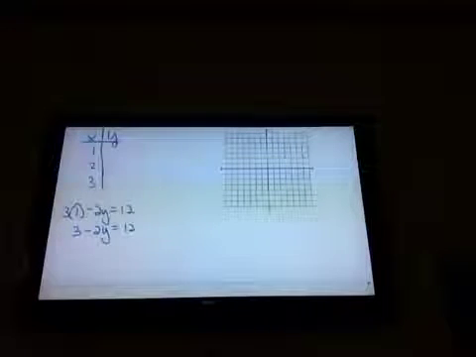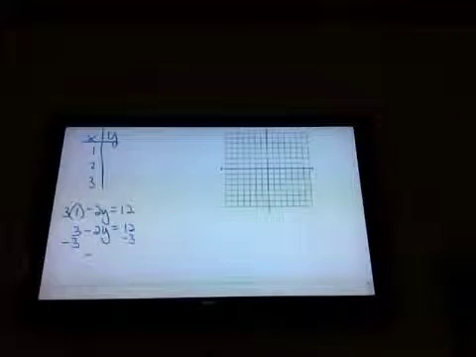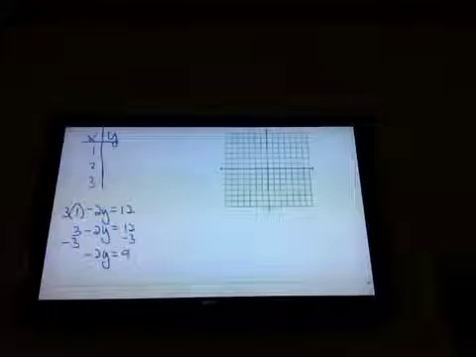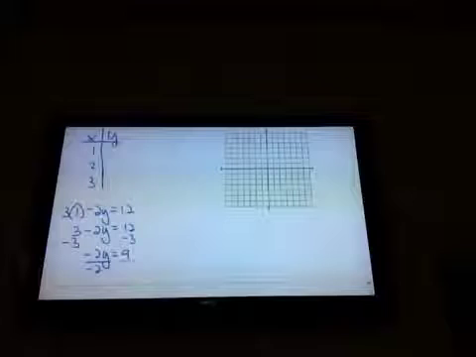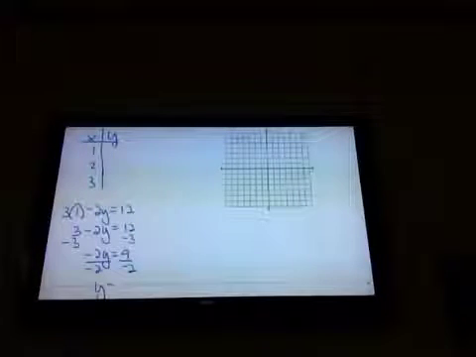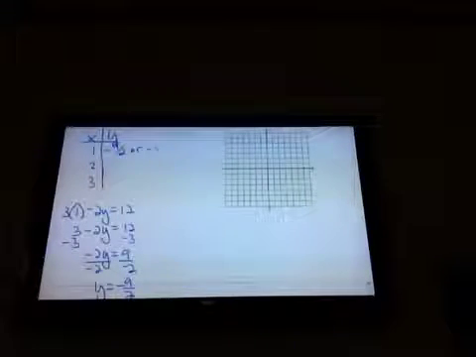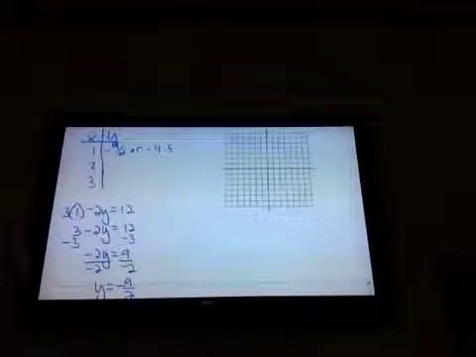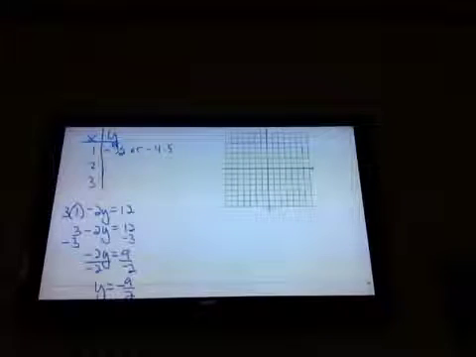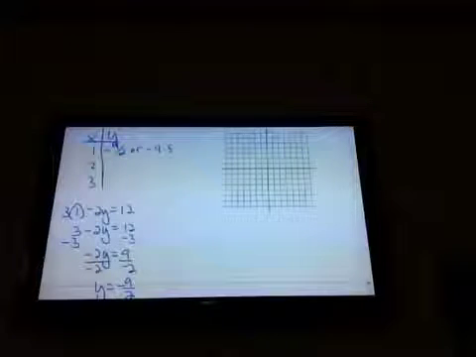I'm going to get y alone, so I'm going to minus the 3. So negative 2y equals 9. And divide by negative 2. I like fractions, so I would read it like that, but you could make that negative 4.5. And again, I don't have a preference to what you choose, okay? I didn't mean I don't care what you choose.